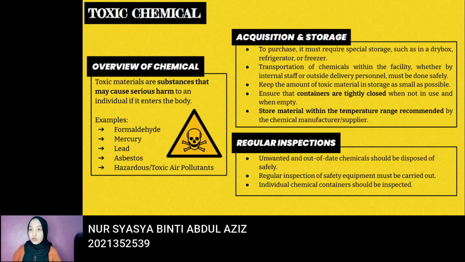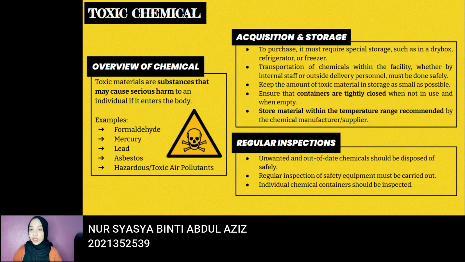Furthermore, ensure that containers are tightly closed when not in use and when empty. Keep empty containers in a separate storage area because empty containers may contain hazardous toxic residue. Next, store material within the temperature range recommended by the chemical manufacturer or supplier.